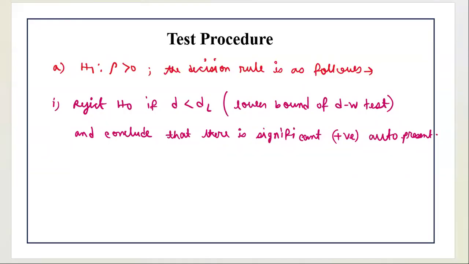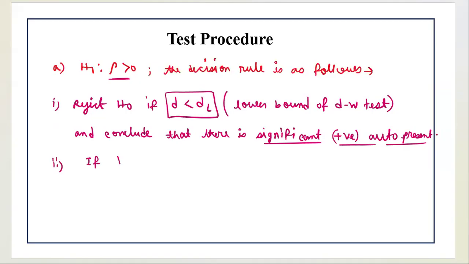So this is the first case where we will say that if the D statistic computed value is less than some predefined lower bound of the DW statistic, then we will conclude that yes, there does exist significant positive autocorrelation in our model, since we are checking for positive autocorrelation, right? Now there is a second possibility.